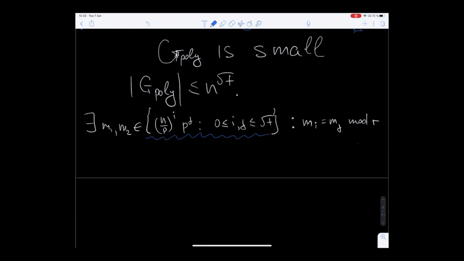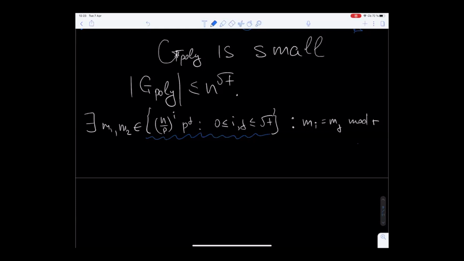Since everything is taken mod r, and since the group order is t, and we have more than t different elements in this set, there should be two elements, m1, m2, that coincide modulo r.